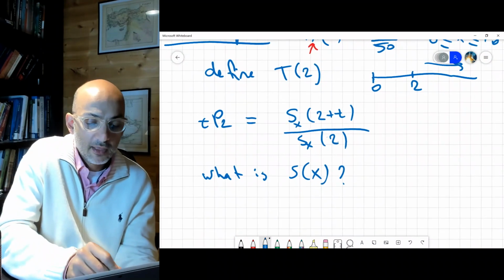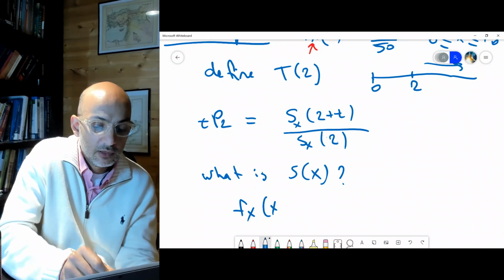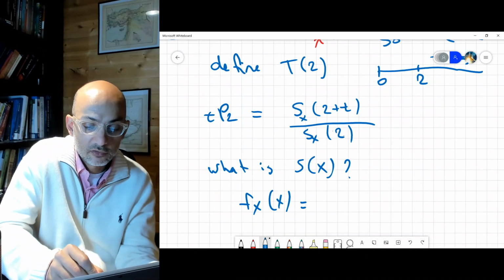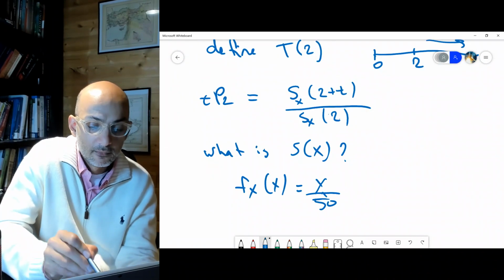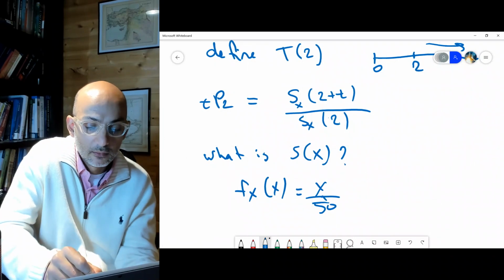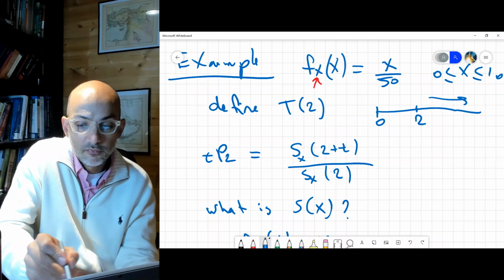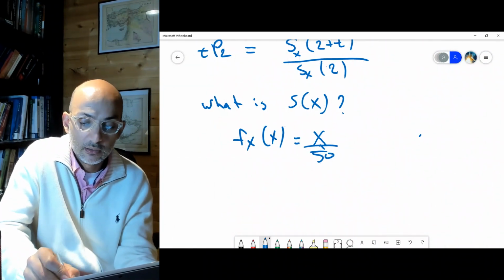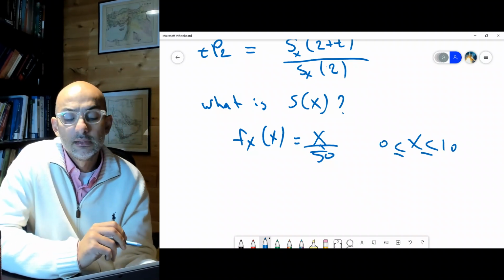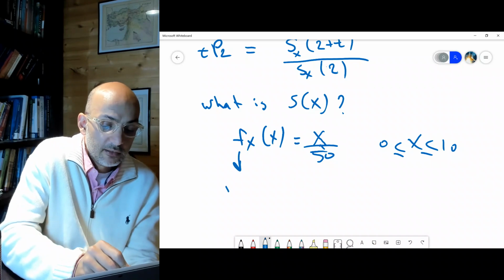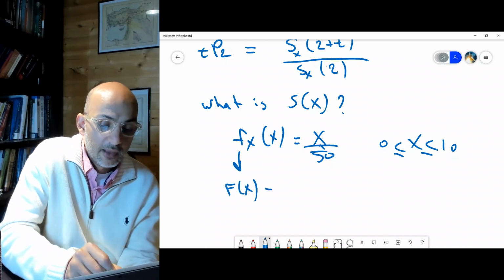Well, we know that f of x is given to us, x over 50, for x between 0 and 10, right? So from here we can get capital F of x. And how do we get it?